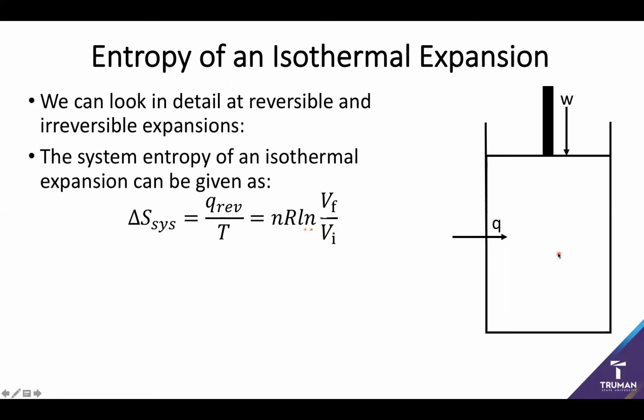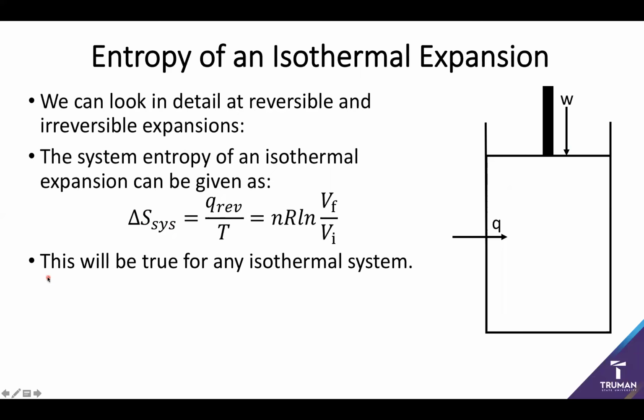Because as I compress the system, I'm taking away the options for movement. If I have an expansion, we'll see a positive increase in the entropy of the system, as there's going to be many more microstates or configurations for my gaseous system to adopt.